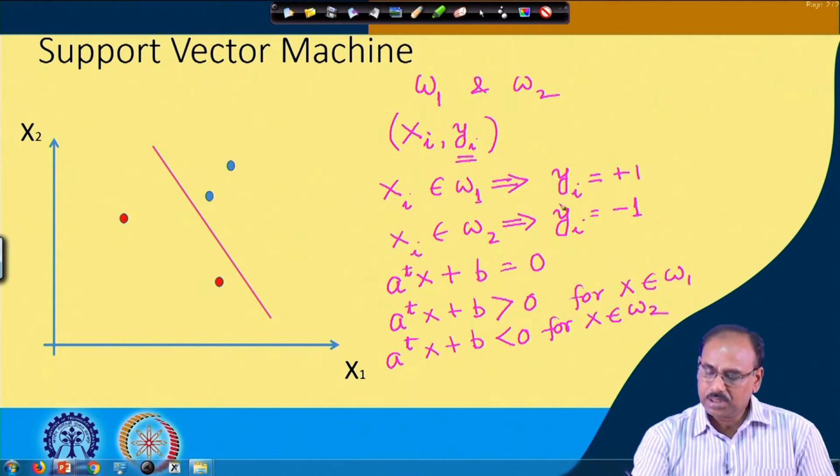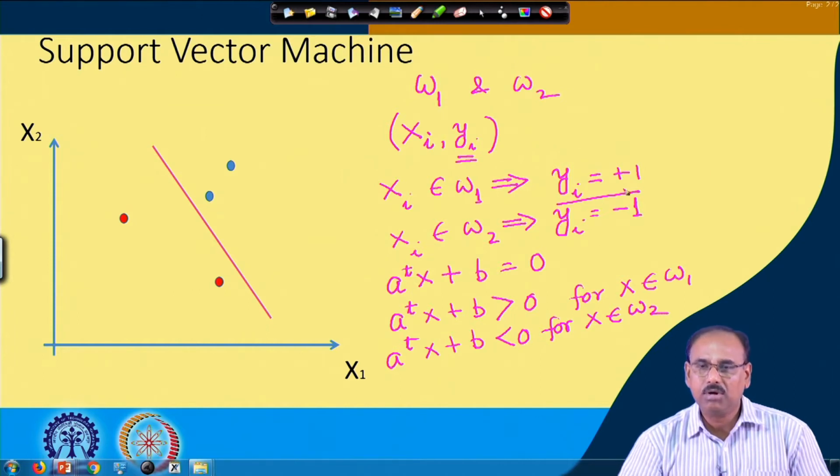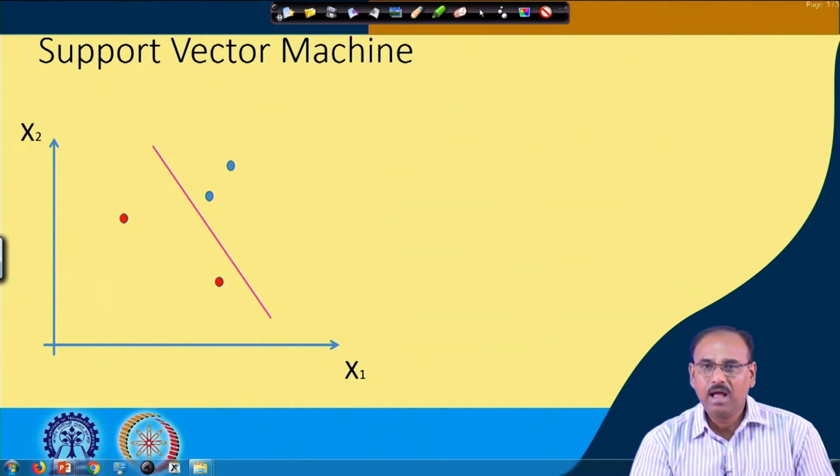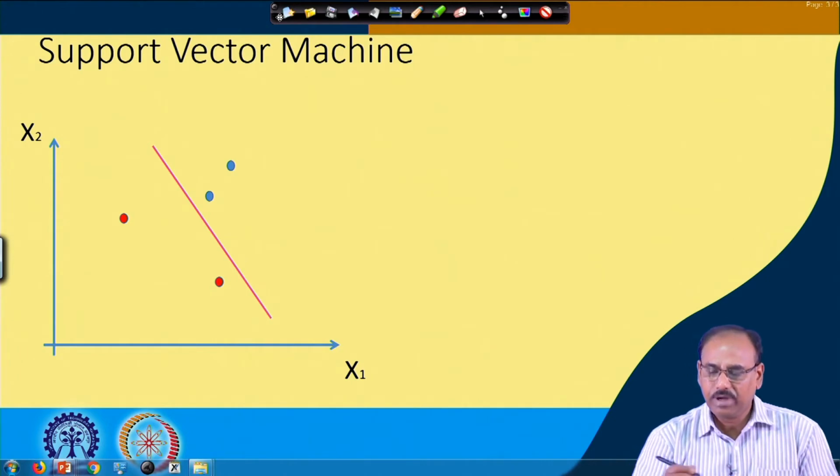Now, by introduction of these labels, that is y I equal to plus 1 if x I belongs to class omega 1 and y I equal to minus 1 if x I is taken from class omega 2, I have a uniform classification rule.